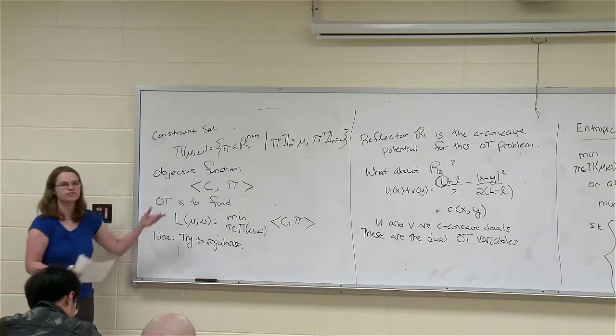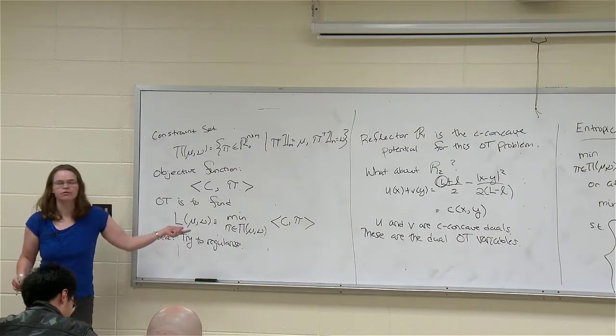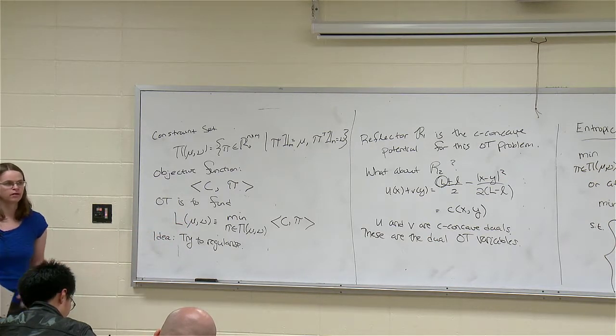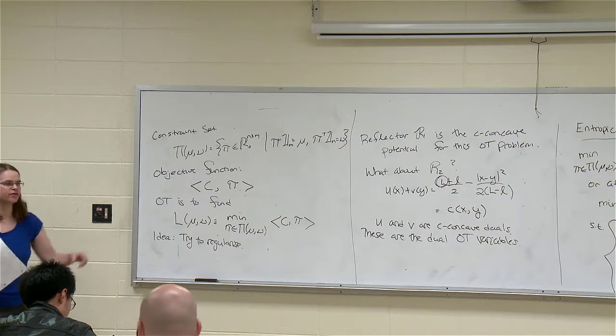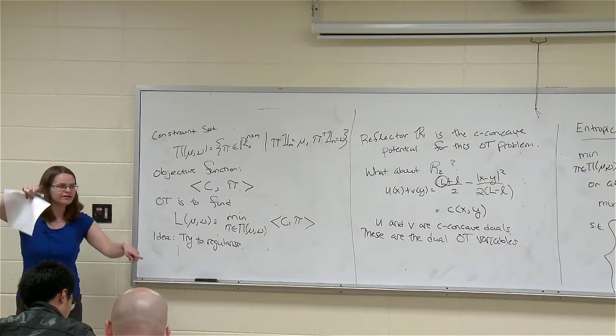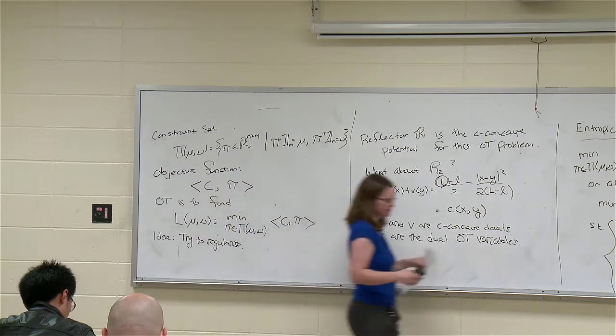Because this isn't nice. This is big. It may not be well posed, right? There's no reason to expect a unique solution in general for the transport plan. We've seen cases like that, where things can go here or they could go here. When you're working in the discrete world, it's not a well-posed problem.